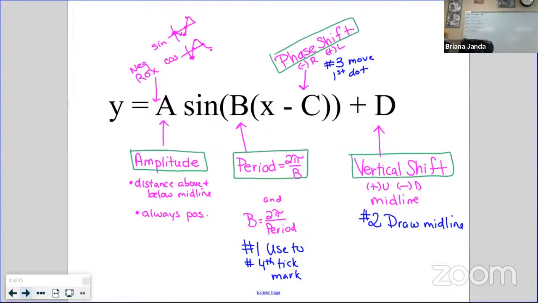And finally, I consider my amplitude, and I make sure to go this distance. When I am off the midline, every single dot that is off of the midline.